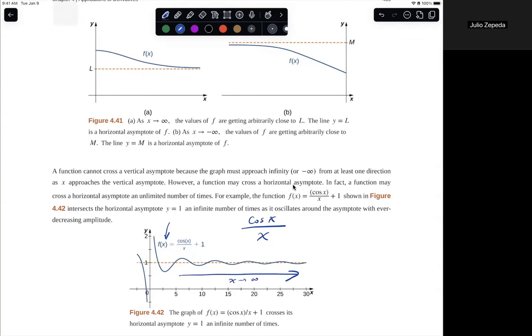We have cosine of x in the numerator. But cosine of x is bounded between positive 1 and negative 1. It just oscillates back and forth between those two values. And so this is a relatively small number compared to a number that is growing infinitely large. So this fraction is going to go to 0 as x goes to infinity. And since there's also a plus 1 there, the limit as x approaches infinity will be 1 plus 0, which is 1. Since that limit exists, we call y equals 1 the horizontal asymptote for this function.